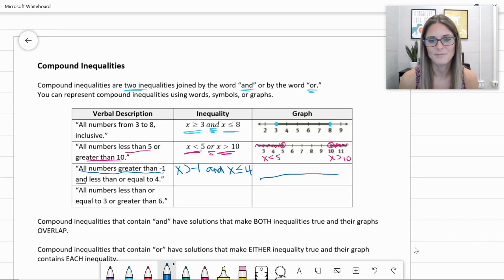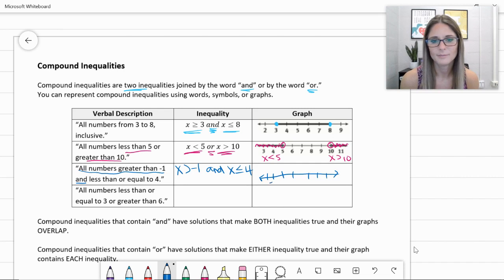Let's try it on a number line. Probably your whole life working with inequalities, the teacher's like, then graph your inequality on a number line. And maybe you were like, why? It just seems so pointless. Why are we putting it on a number line? With compound inequalities, the graph ends up helping us check our work. It's actually really useful. So let's see.